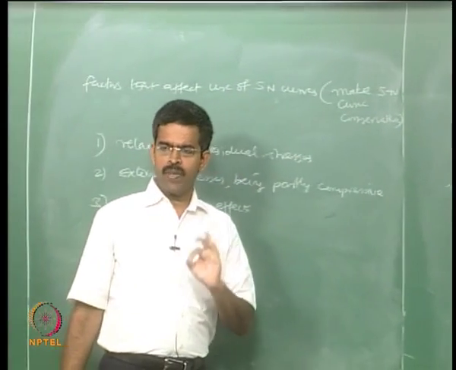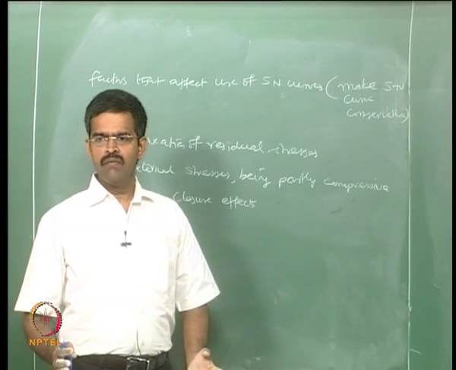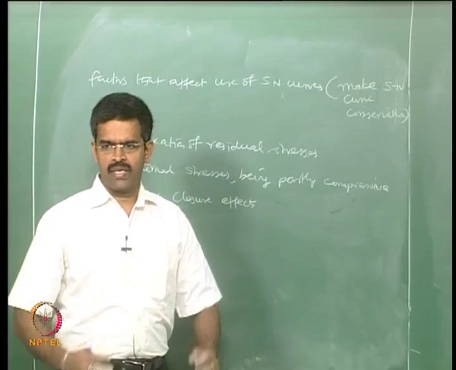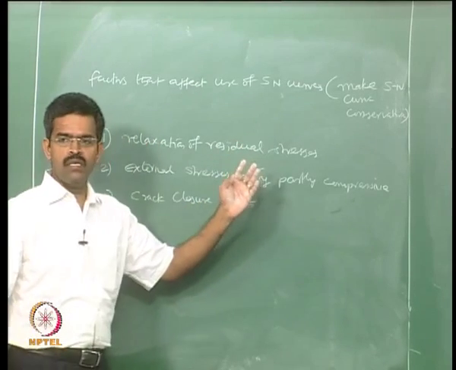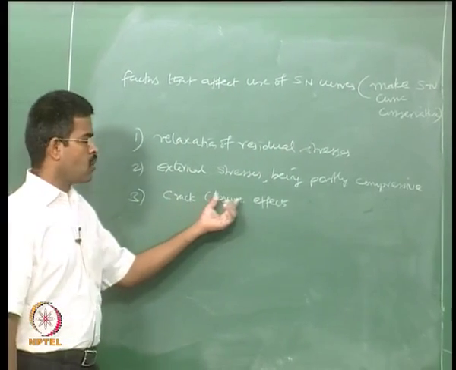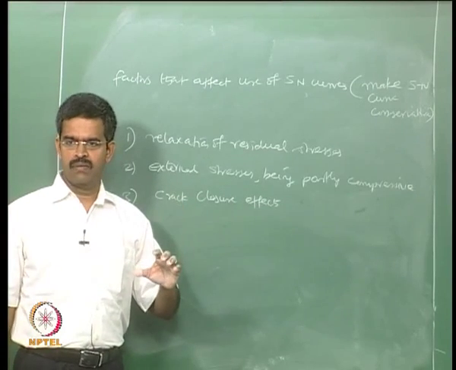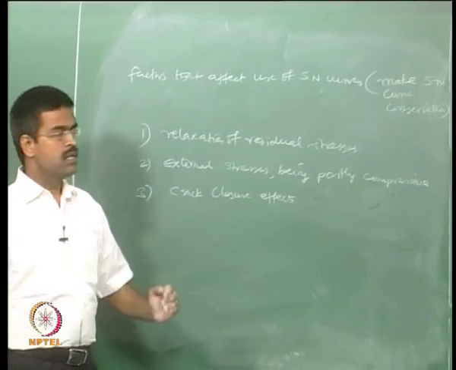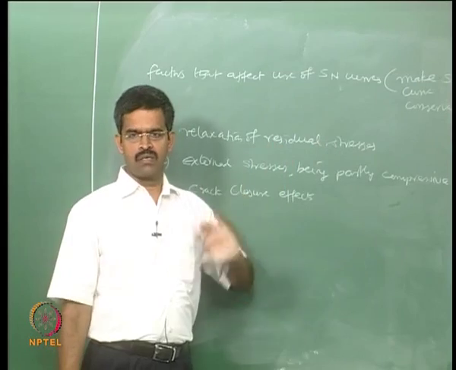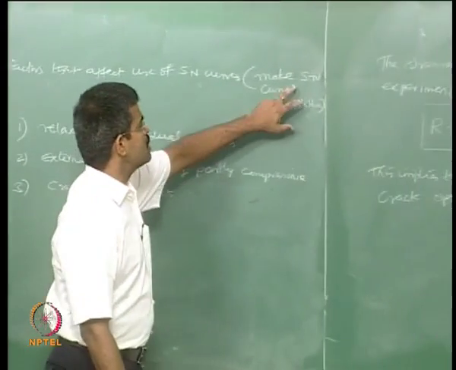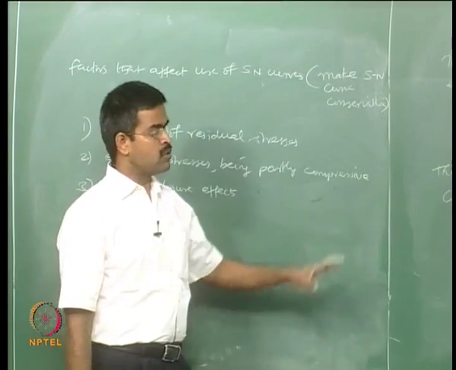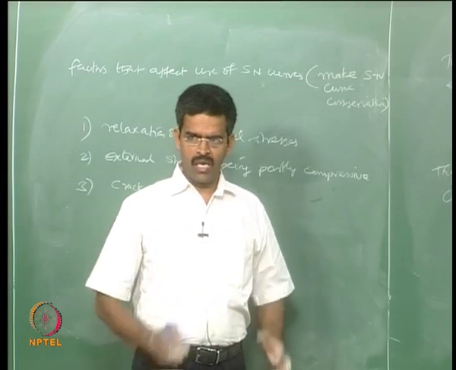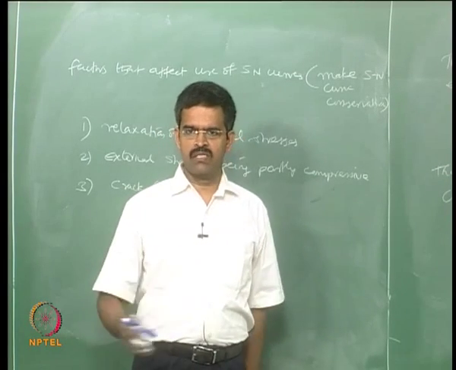So, you are compulsorily causing a range of stress which results in opening of cracks, but in reality there can be closure effects of cracks, which we do not consider in the experimental manner of plotting the SN curves.